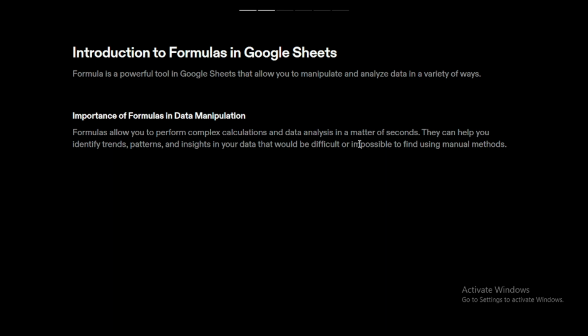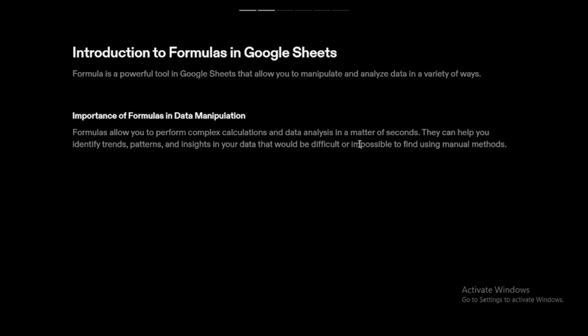What are the benefits or the importance of formulas in Google Sheets? Formulas allow you to perform complex calculations and data analysis in a matter of seconds. We are talking about doing this as quickly as possible, and it can help you identify trends, patterns, and insights in your data that would be difficult or impossible to find.